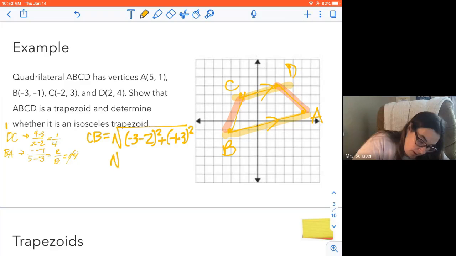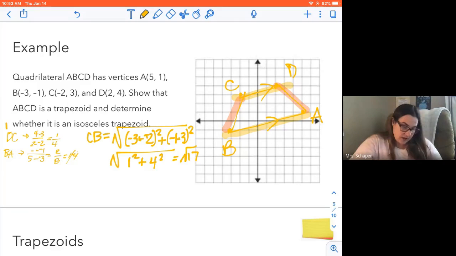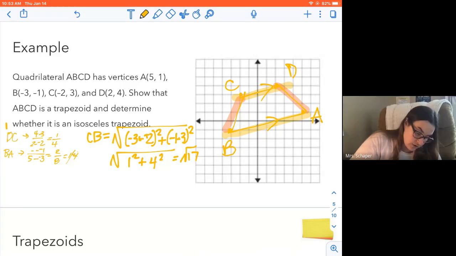So the square root of 1 squared plus 4 squared. So the square root of 17. I think I did that right. Let me just double check my math again. -3 minus -2, -1 minus 3. Yep. All right.